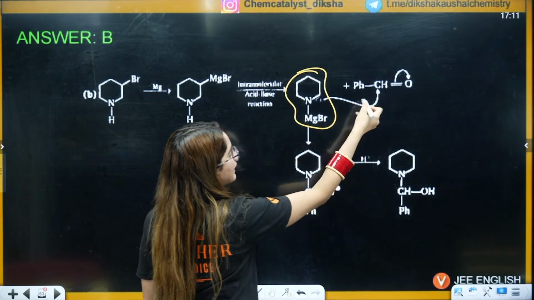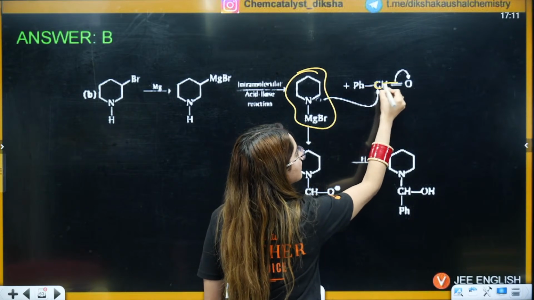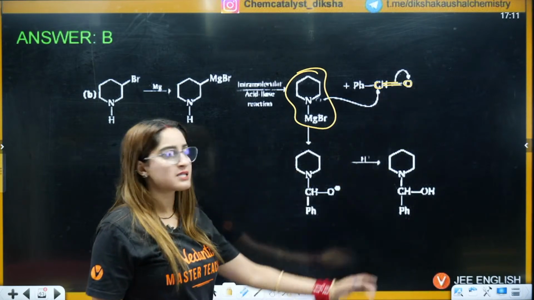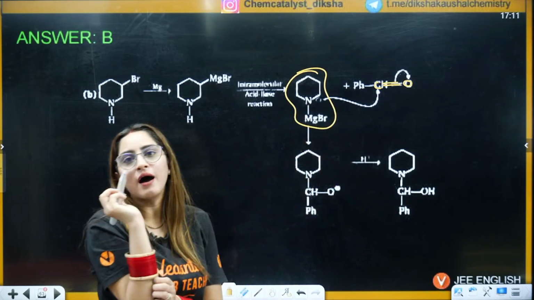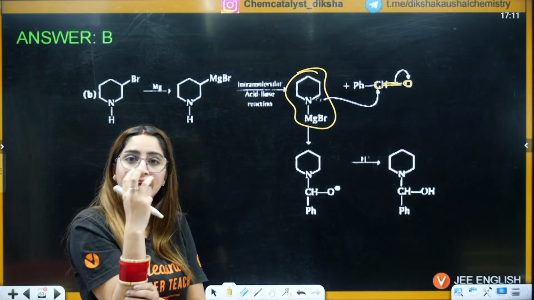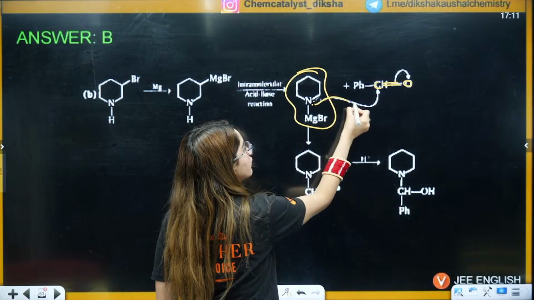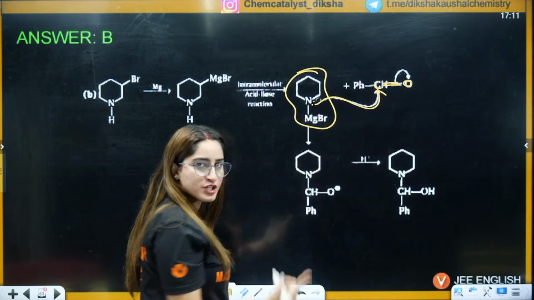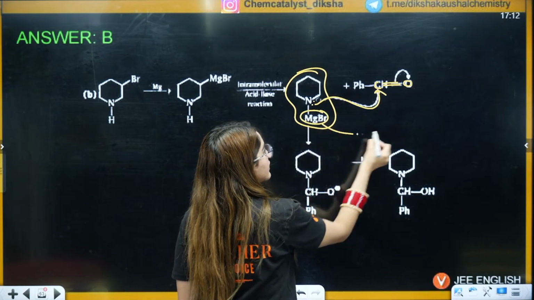This is PhC double bond O. We know that this is C, this is double bond O. We know that this is less electronegative. So what will happen here? The negative part, the one that has electrons, because we know that nitrogen has a lone pair of electrons, so it will attack the electron deficient site, right? And this MgBr will be attached to this site.